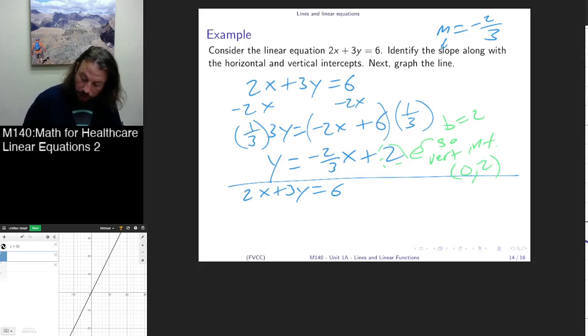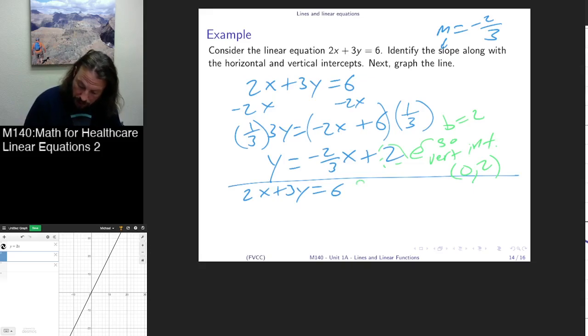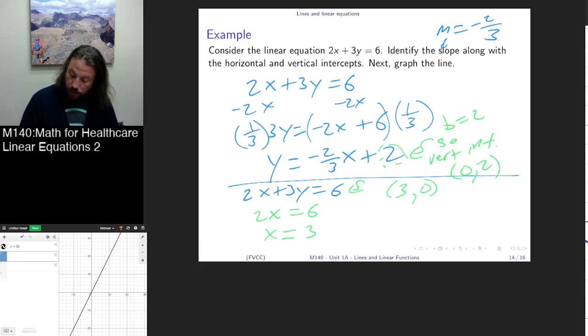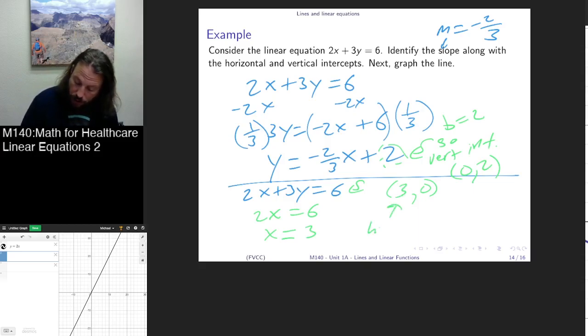Now for the x-intercept, or the horizontal axis intercept, I would use the standard form, since we want to know the x value when y is 0. So I plug 0 in for y. I get 2x equals 6, and I multiply both sides by 1/2 to get x equals 3. And that gives us our horizontal, or x-intercept.